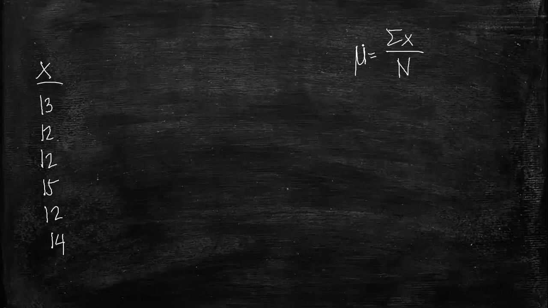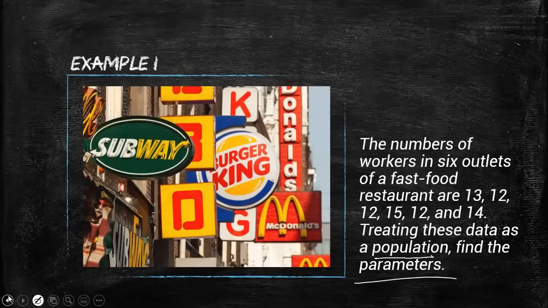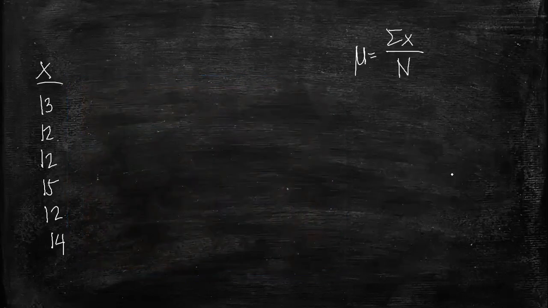Very good, that is 6. So 6. Bakit 6? Kasi number 1, sinabi siya sa problem, the number of workers in the 6 outlets, and meron tayong 6 data dito. 1, 2, 3, 4, 5, 6. Okay? So yun yung ating N.